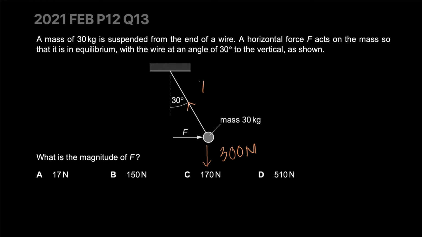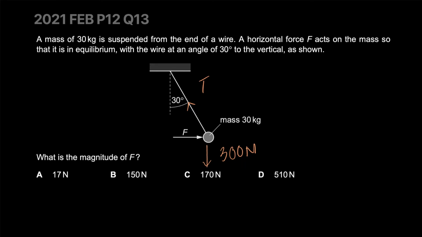So let's call that T, right? So now it's in equilibrium, and we have to figure out how much force is being used on the ball right now. So that looks like a very challenging question, but if you recall anything from your days in maths and simultaneous equations, if you can make two equations with two unknowns, you can quickly solve it.